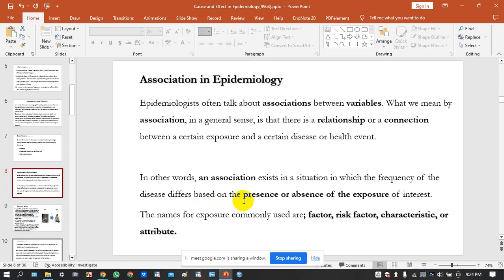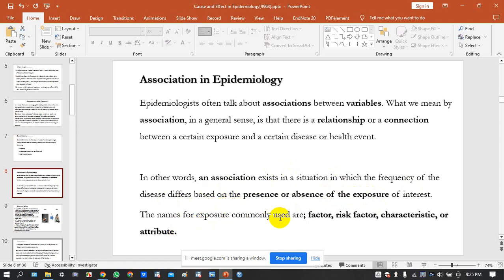So, when the exposure is there, what is the frequency of the disease? When the risk factor is there, what is the frequency of the disease? How many people contract the disease based on the risk factor, or based on the predictors, or based on the causative factors? How many people contract the disease?